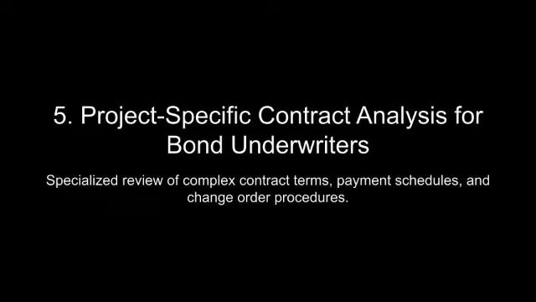Surety underwriters must carefully evaluate these limitations to determine whether they align with the risk profile of the project and the contractor's ability to manage potential liabilities. Inadequately defined limitations can create gaps in protection, increasing the likelihood of disputes and claims against performance or payment bonds.